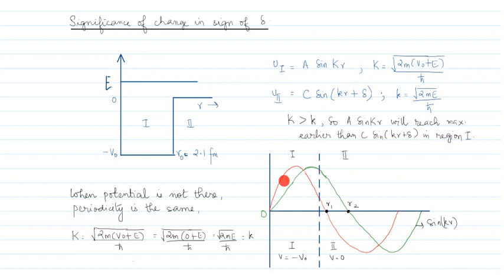Okay, in the first region, our solution is sine capital KR. Since our capital K is greater than small k, this function will reach different positions earlier than the green line, isn't it? See, you have R on this x-axis. So for the same value of R, capital KR is greater than small kr.